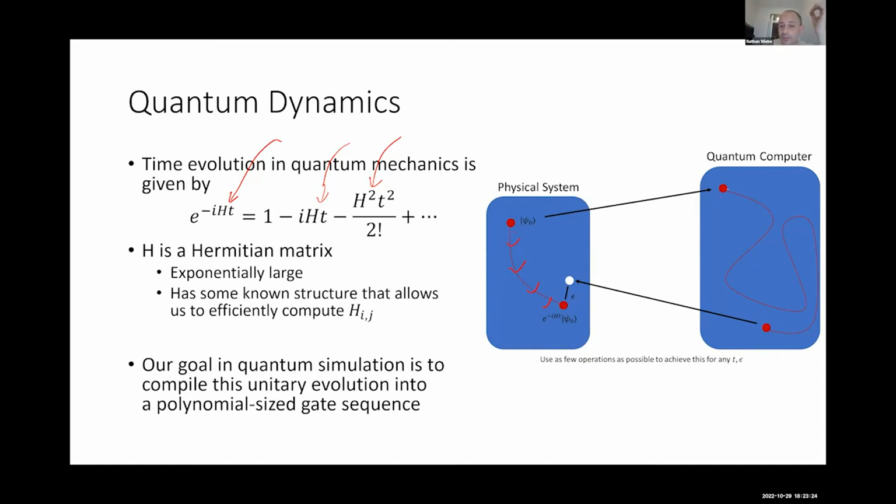And the way we mimic that is we take the encoding of the initial state and we carry through a series of discrete gate operations to map that forward to a final state. And this final state at the end is one that we promise is going to be logically equivalent to a state in the physical system that is epsilon far away from the actual true state.